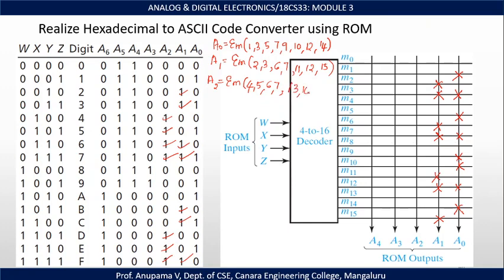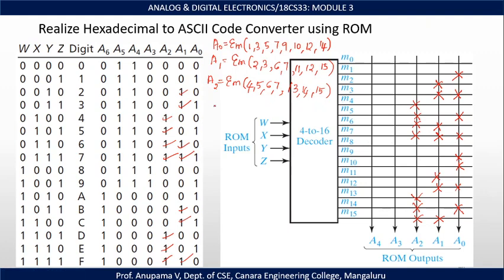So the equation for A2 is summation M of 4, 5, 6, 7, 13, 14 and 15. Now in the ROM array, cross mark against M4, M5, M6, M7, M13, M14 and M15 of A2.